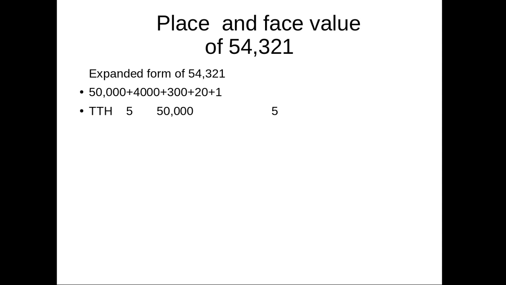See here, since 5 is in the 10,000 place, its place value is 50,000 and face value is 5. 4 is in the 1000 place, so its place value is 4,000 and face value is 4. 3 is in the 100 place, so its place value is 300 and face value is 3.